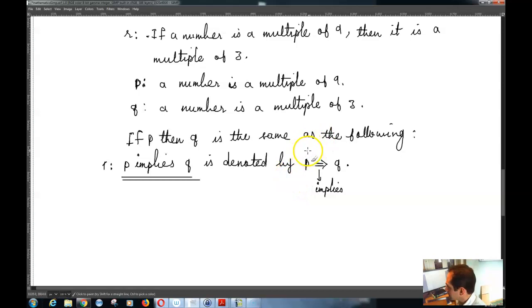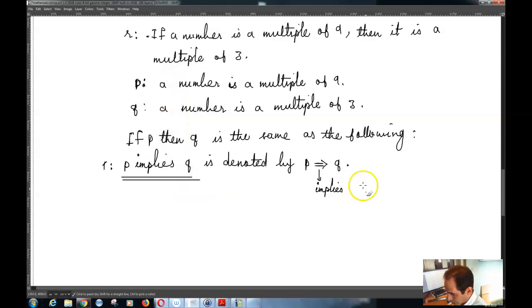Now in the example that we had over here, if the statement P is a number is a multiple of 9, and Q is a number is a multiple of 3, then if P then Q, or P implies Q, says that a number is a multiple of 9 implies that it is a multiple of 3.